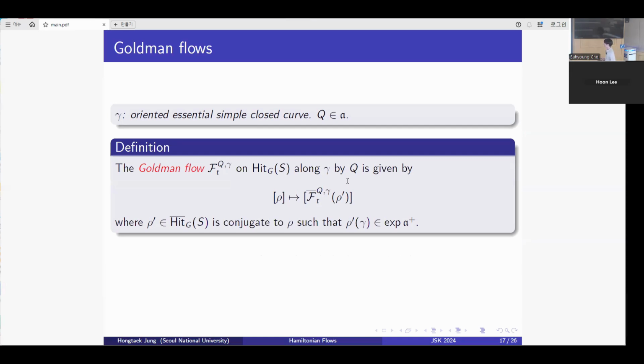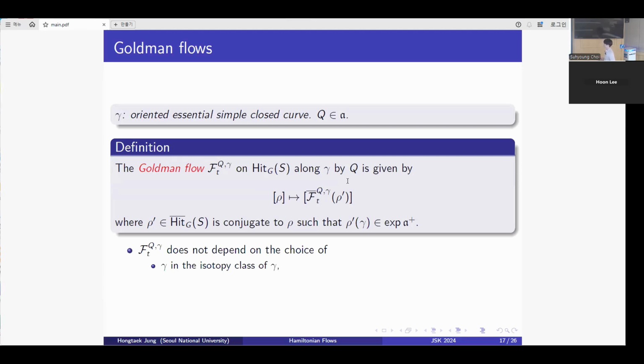Right, the Goldman flow can now be defined as follows. The Hitchin component is the set of conjugation classes of representations. So pick an element in the Hitchin component and lift it to an actual representation that satisfies this condition. And then we play our game, this f of t, f of bar, and then you take the conjugation class. Then this will give you a well-defined flow, in the sense that it doesn't depend on any choices that we have made to define it.